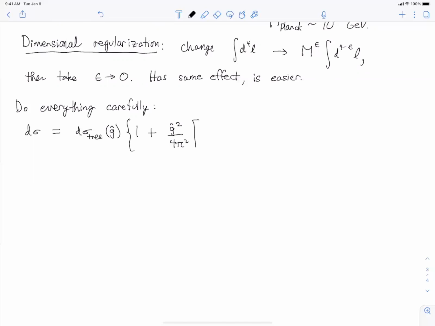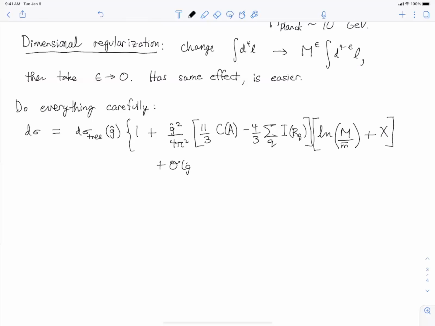And then there's some group theory factors, which turn out to be 11/3 the Casimir of the adjoint, minus 4/3 the sum over all the quarks for each of their indices, which turn out to be 1/2, multiplied by a logarithm of the cutoff mass scale divided by m bar, I'll explain what that is in a minute, plus something that we're not going to worry about, I'll call it x. Okay, plus order g hat to the 4th power.